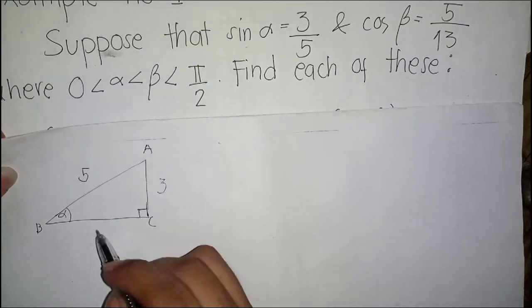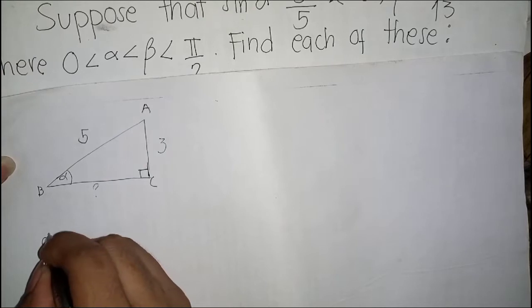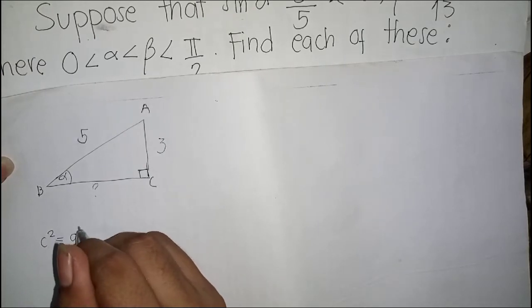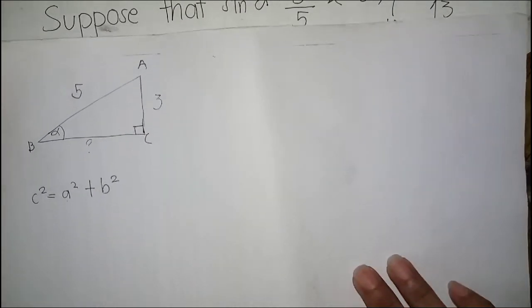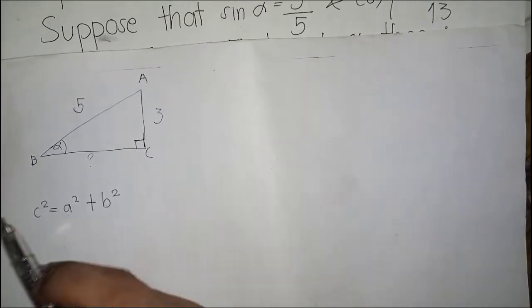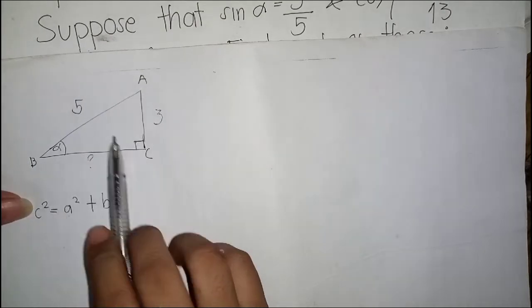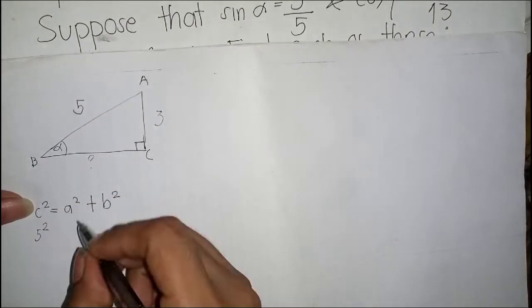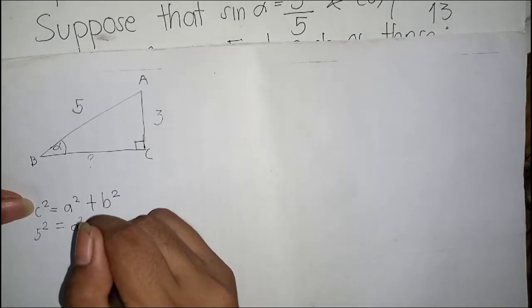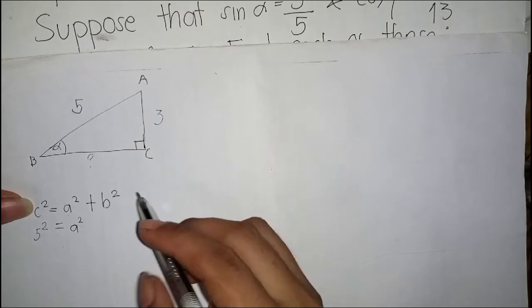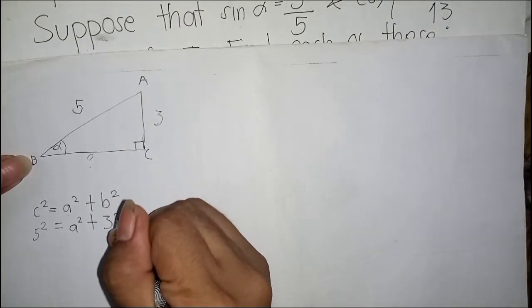So, atong pangitaan is ang adjacent. So, c squared is equal to a squared plus b squared. Let's find the c, which is 5 squared is equal to a squared, which is missing, plus b squared, which is 3 squared.